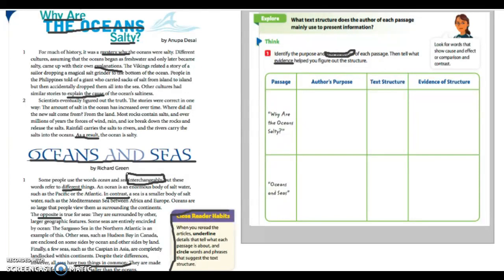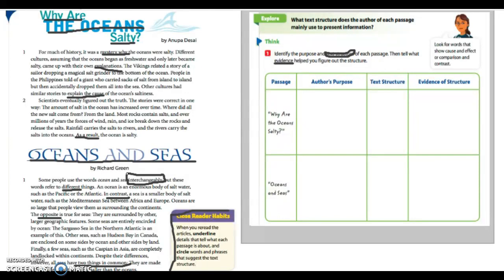All right, let's come back together. Looking at our graphic organizer on page 221, it has our two titles, Why Are the Oceans Salty? and Oceans and Seas. In our text structure box, we'd like to talk about what the text structures are for each. In the passage Why Are the Oceans Salty?, there are clue words that indicate the text structure is going to be cause and effect.